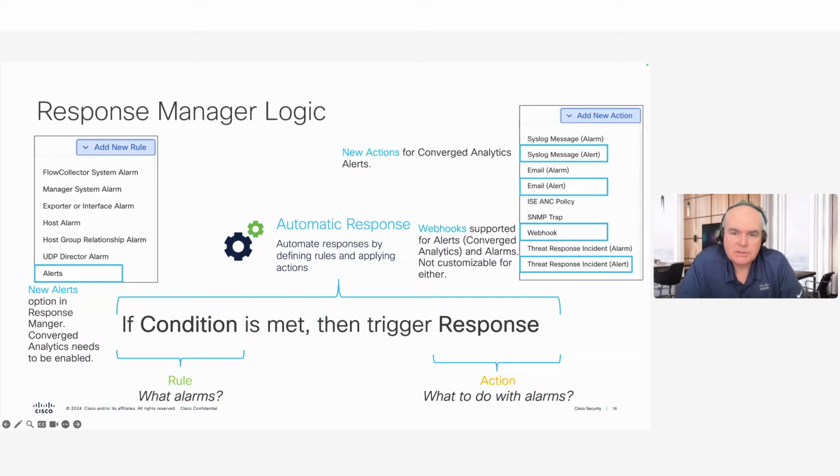Notice at the moment in this version, we're not doing anything with ICE policies or SNMP traps. So for example, I can't send ICE ANC policy change requests. For example, I want to quarantine somebody based on any of the converged analytics alerts that we see.